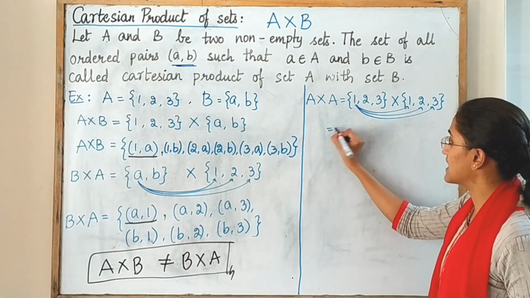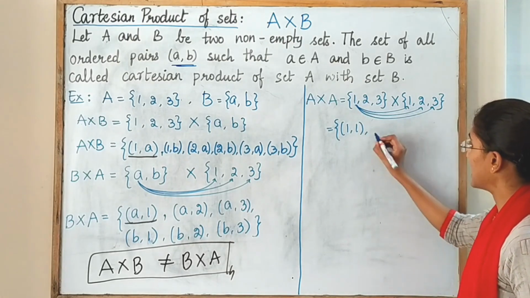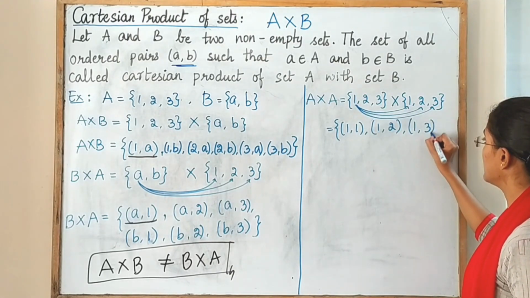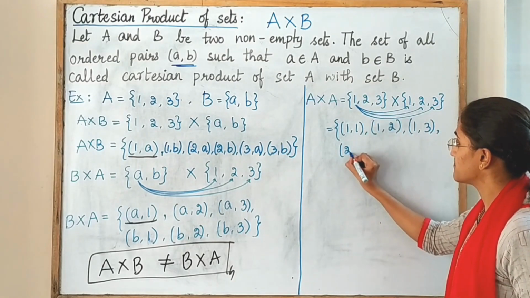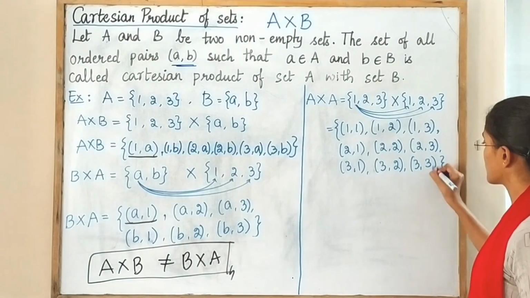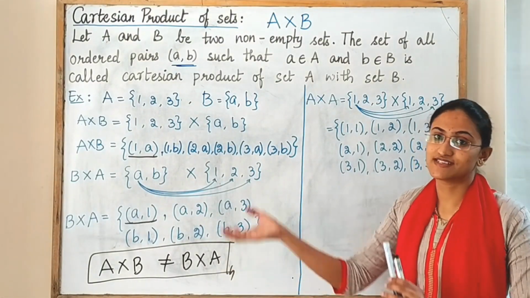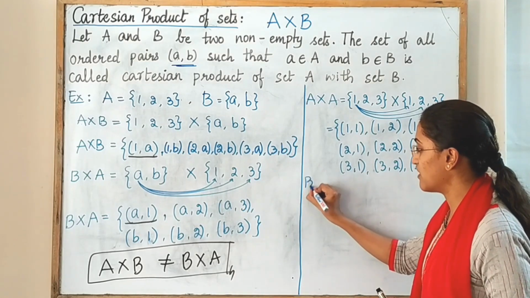Then you get the Cartesian product as (1, 1) the first connection, (1, 2) the second one, (1, 3) the third one. Go on connecting the same way. This is the Cartesian product from the set A to the set A itself. Now try the same for B cross B also.